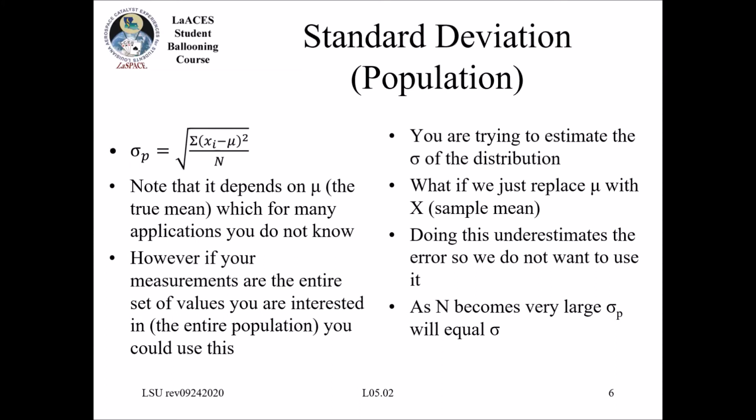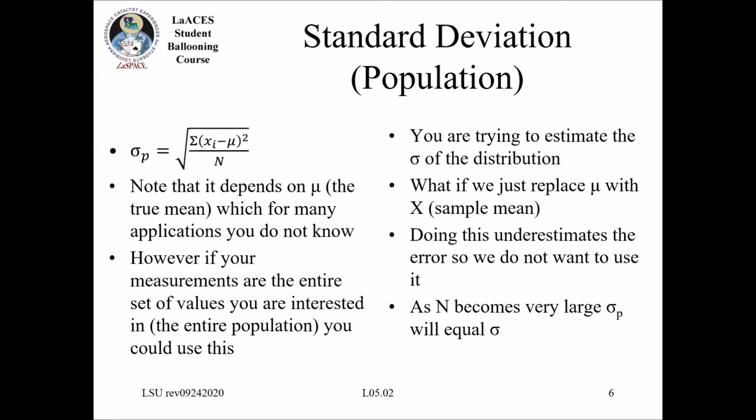For the population standard deviation, the key thing here is it assumes that you have all of the population. In fact, if you look at this equation, it includes mu, which is the true mean, but we don't know what that is, so you can only use your sample mean.